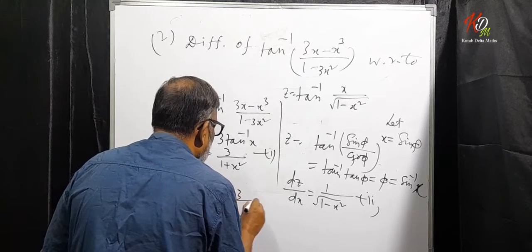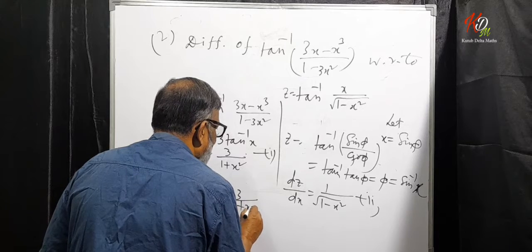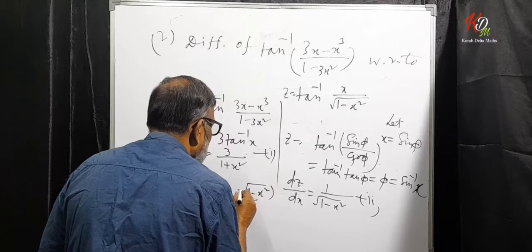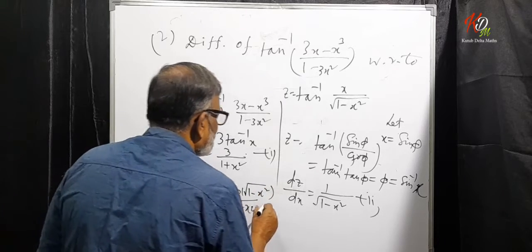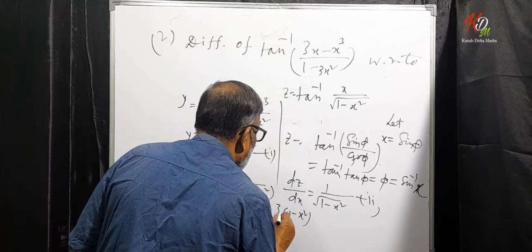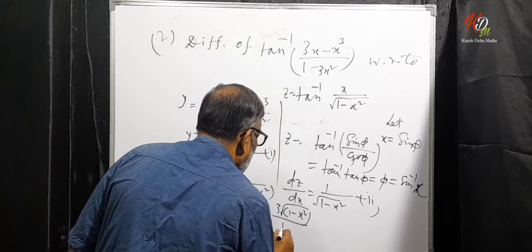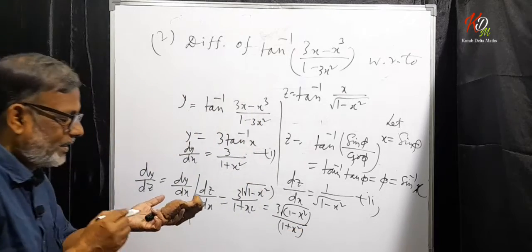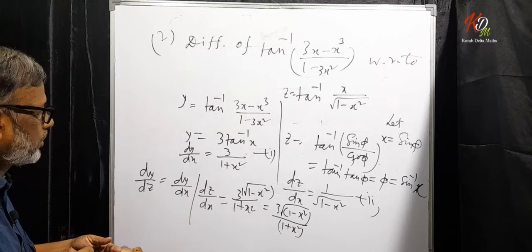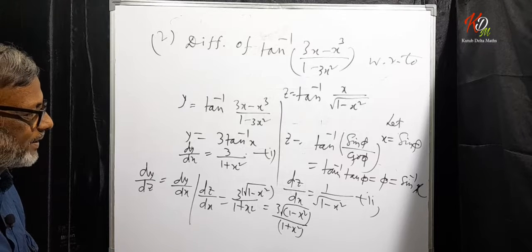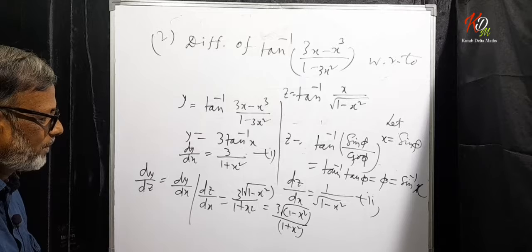This means 3 by (1 plus x square) times root under (1 minus x square). So 3 root under 1 minus x square by 1 plus x square. This is the desired result. So dy/dx equal to 3 root under 1 minus x square by 1 plus x square.